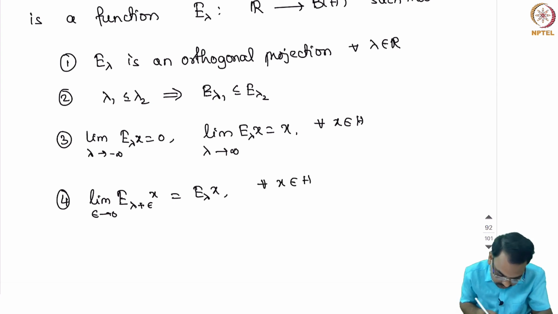Here epsilon is positive. So this is called right continuity.